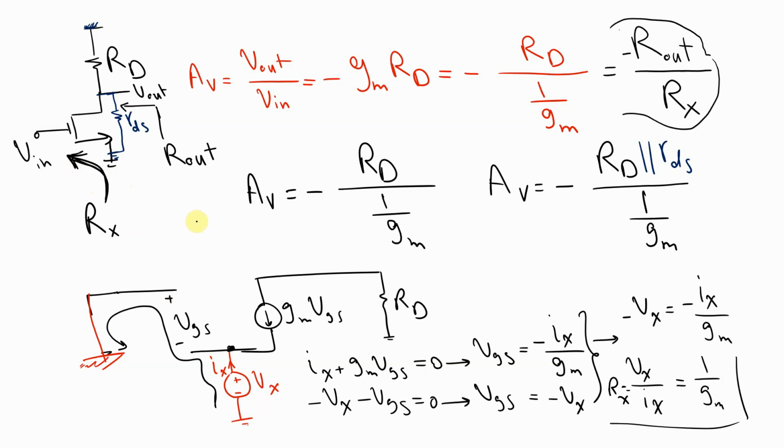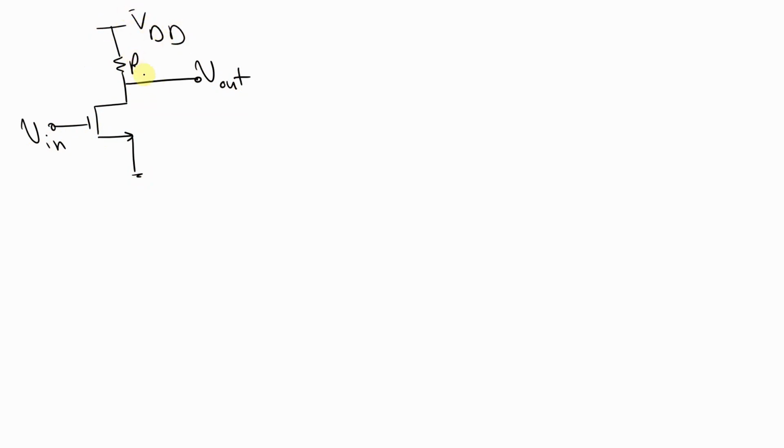And another important point I'm gonna add at the end of this video is about the condition that this circuit has to have in order to work in saturation. Because when we want to calculate the amplifier gain of this device, we have to be aware that the DC bias is okay and the transistor works in saturation.